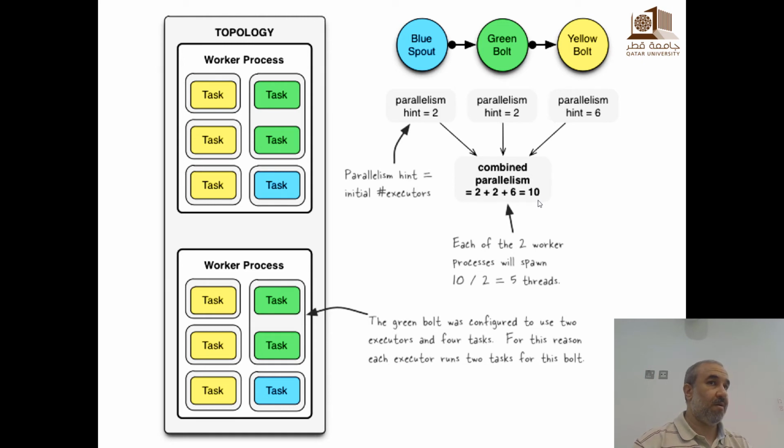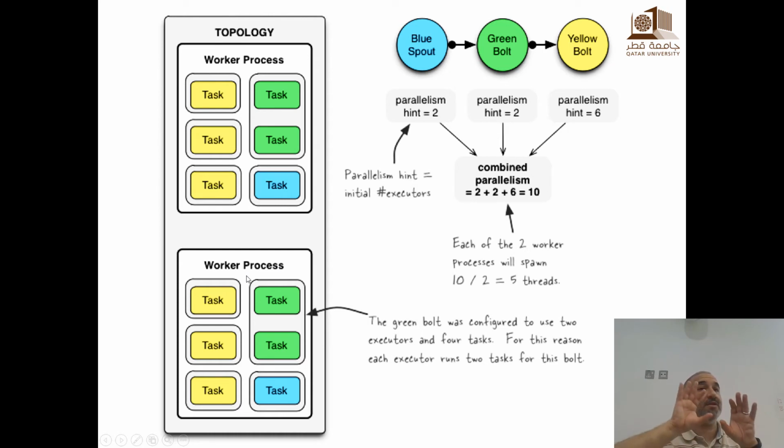With me? Okay. Here we assume that we have two worker processes. So each one will take 5 executors, and this is the distribution of the tasks among them. So again, this is one worker process, and this is another worker process.